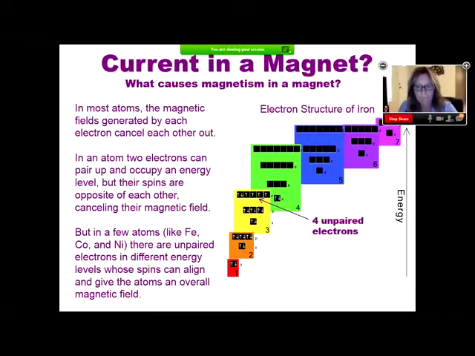So you can see here, you've got these 4 electron spins that are adding up to create a stronger magnetic field at the atom level, and then that interacts with the other iron atoms, and they all clump together with one magnetic field and create that crystalline domain. So that's all I have for today.